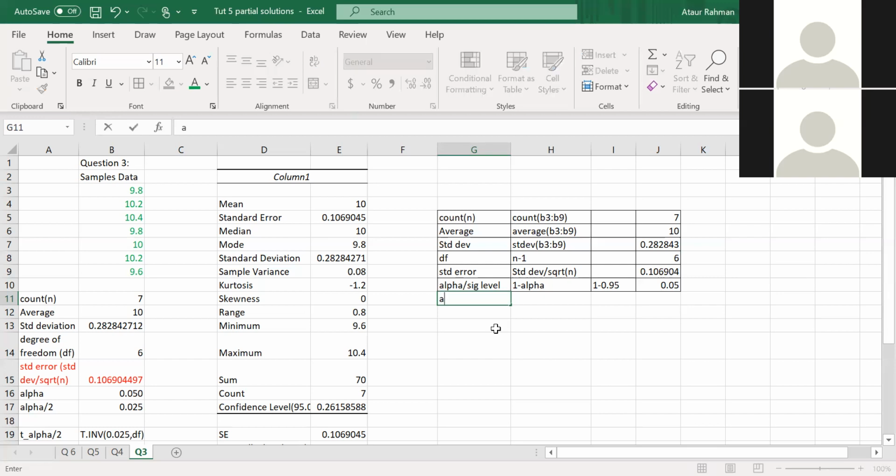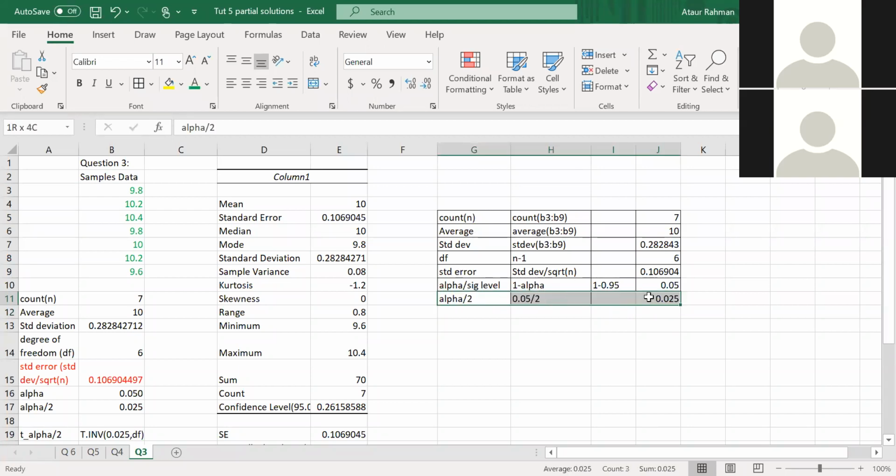So we have to find alpha by 2, which is 0.05 divided by 2. So that is our alpha by 2 value there.